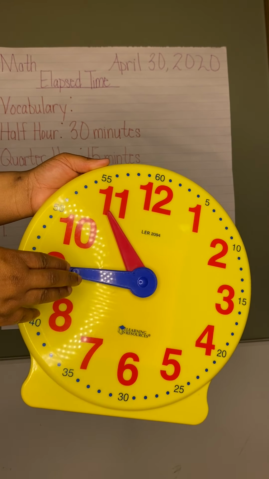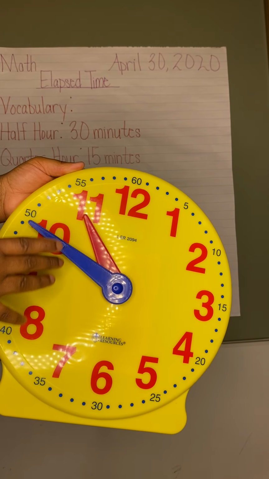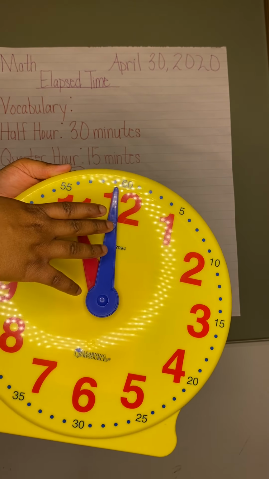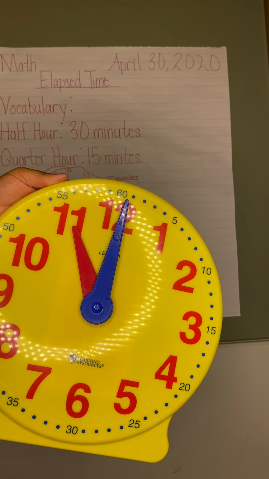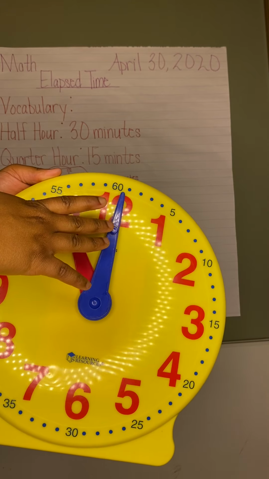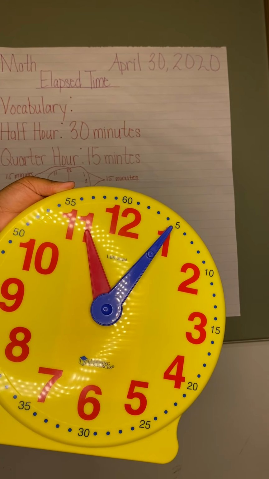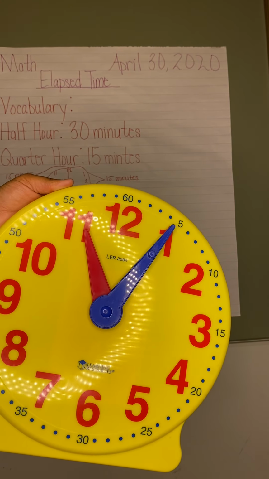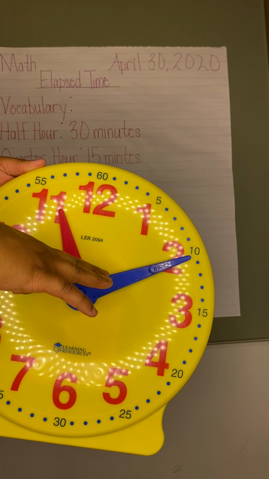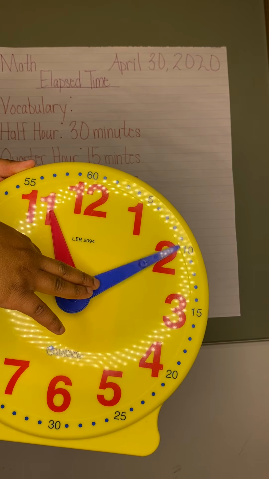If I add 5 to it, that's 5. Another 5, that's 10. That's 15. It's 11 o'clock, but I need to get to 11:15. So right now I'm at 11:05. That is how many minutes? That's 20. Good job. Right now I'm at 11:10. That's how many minutes?